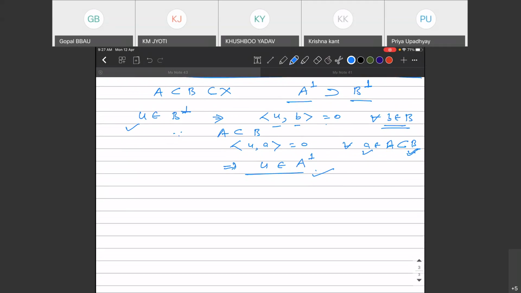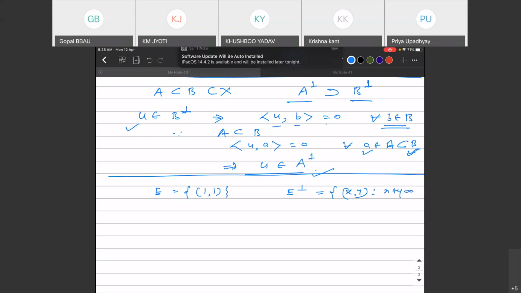Okay, let's see another thing, one very important thing. From our example, again that example, we took a set E, then we get E perp, which is a subspace given by this set, x plus y equal to 0.